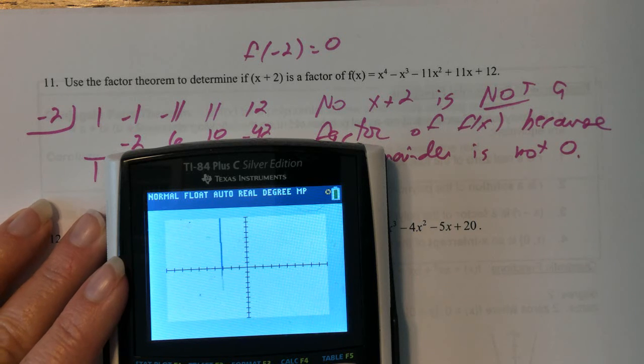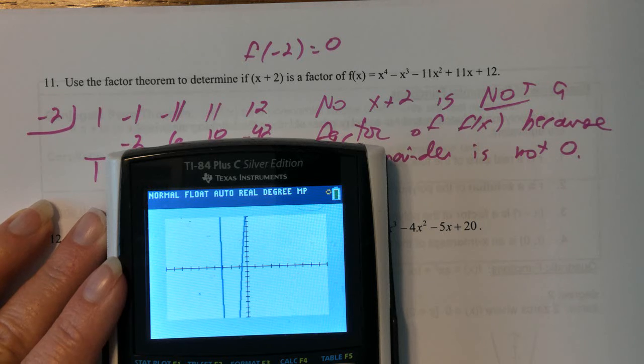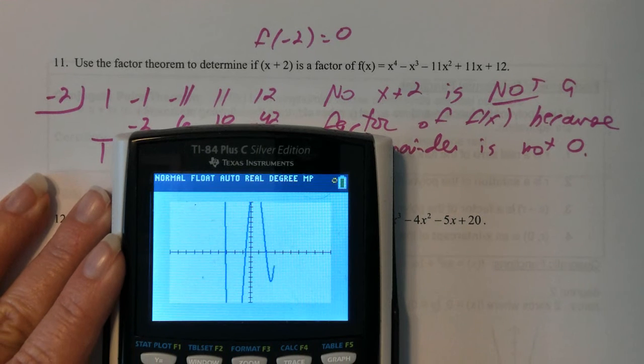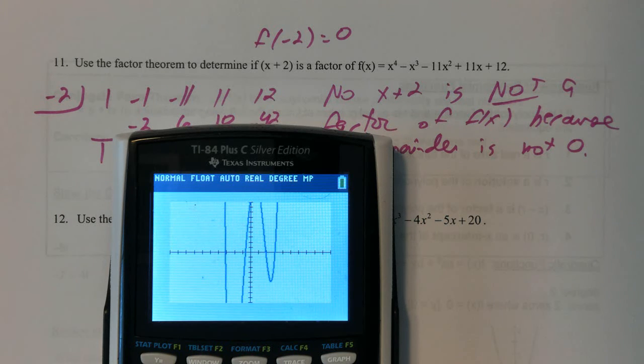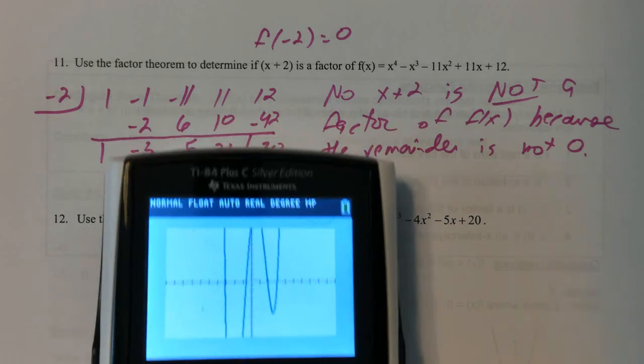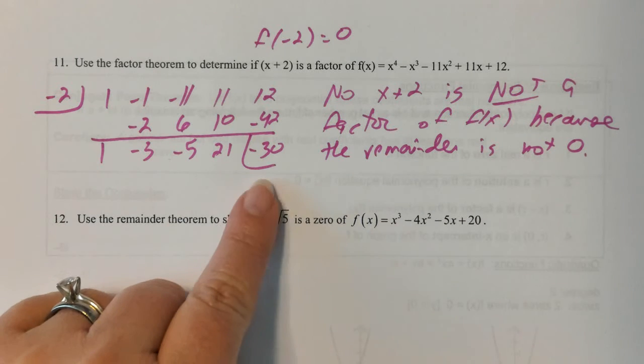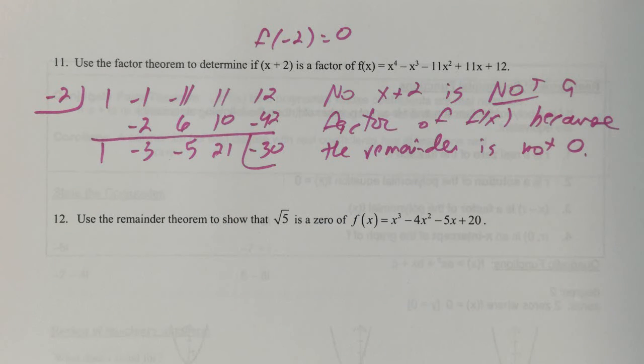It is a polynomial function. It does hit the x-axis in a few places, but -2 is not one of the places it touches. And it does not touch at -2 because x plus 2 is not a factor. How do I know that x plus 2 is not a factor? Because when I did synthetic division, my remainder was not 0.